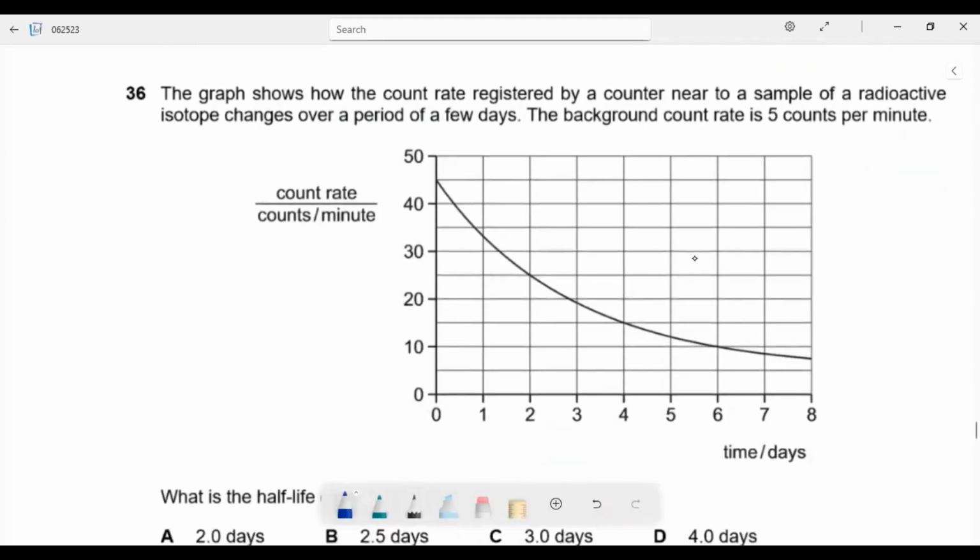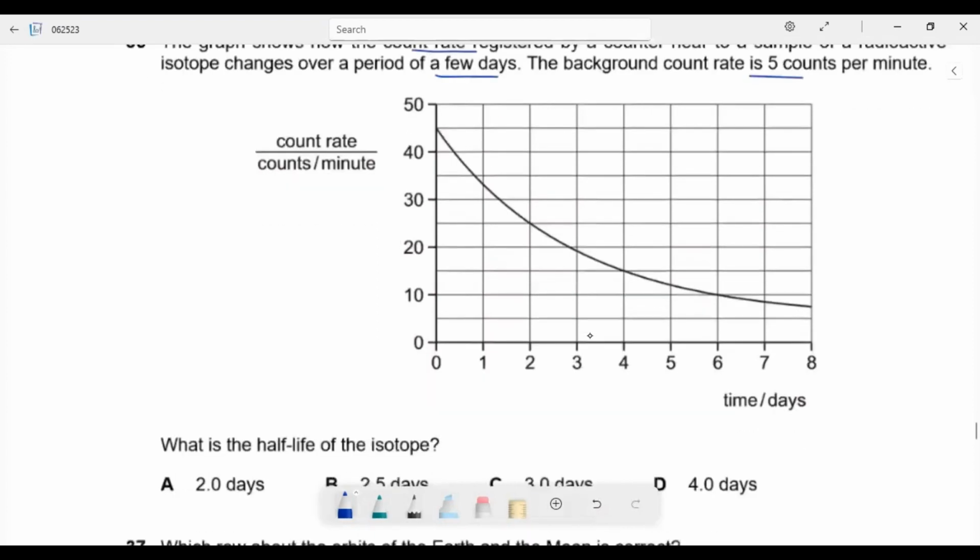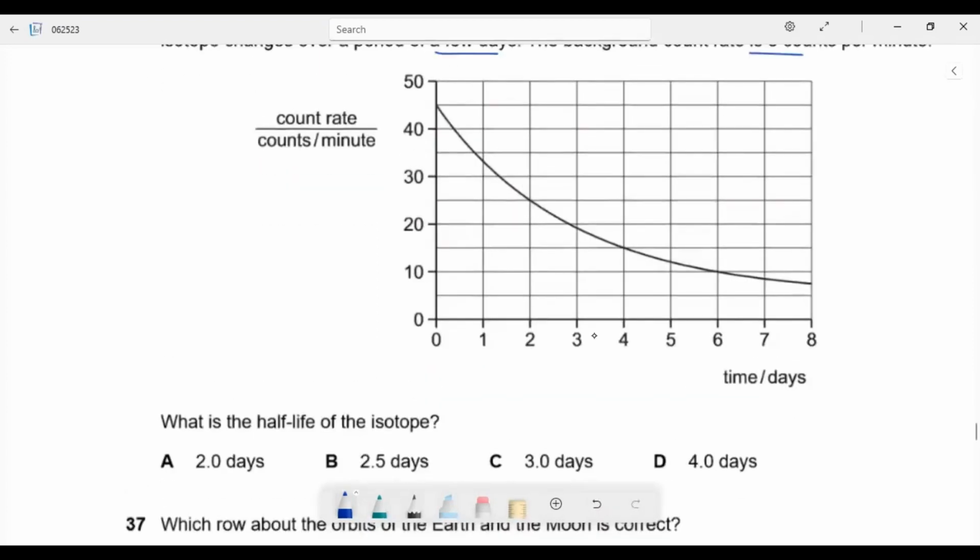The graph shows how the count rate registered by a counter near a sample of radioactive isotopes changes over a few days. The background count rate is 5. What is the half-life of the isotope? For finding the half-life, we will find the initial count.